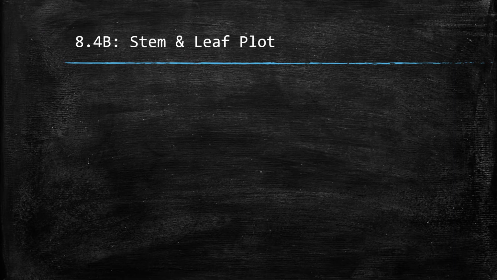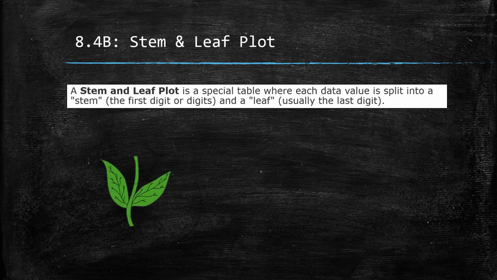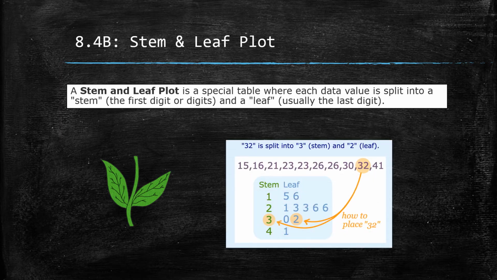What is a stem and leaf plot, you're probably wondering? Well, a stem and leaf plot is not a stem and leaf. It's actually a special table where we take a value and we split it into two, the stem and the leaf. So let's say I have the number 32 and I can split that 32 into 3 and 2.